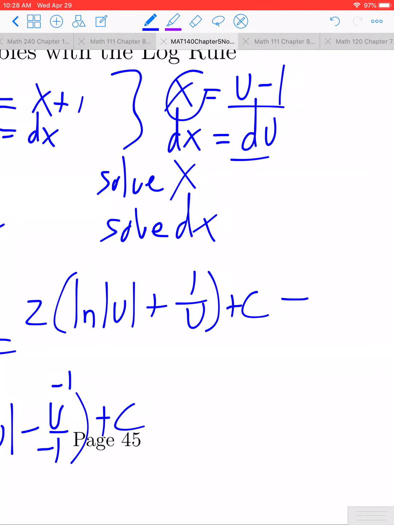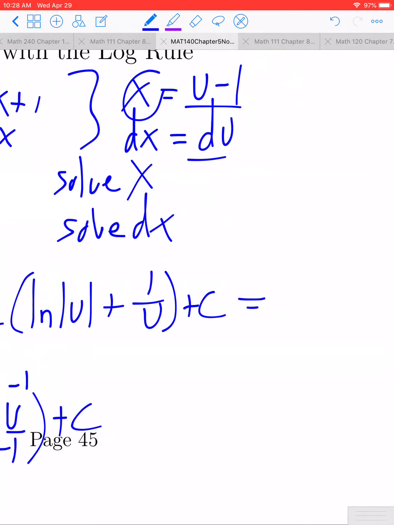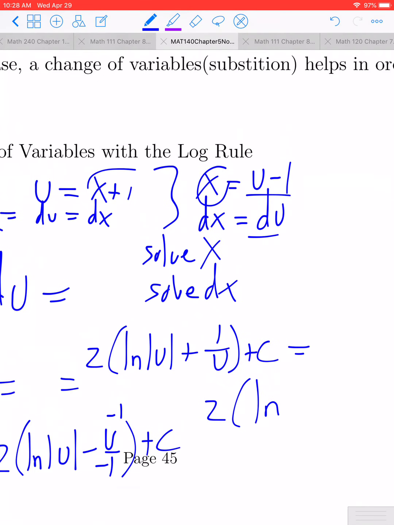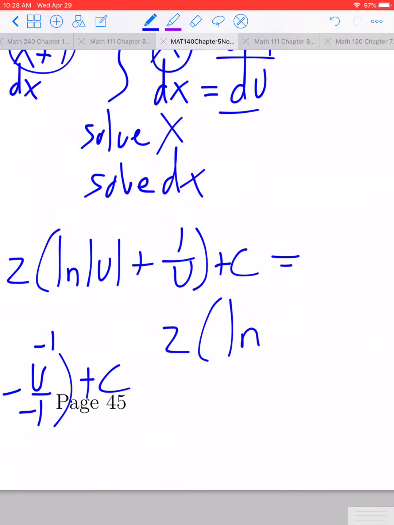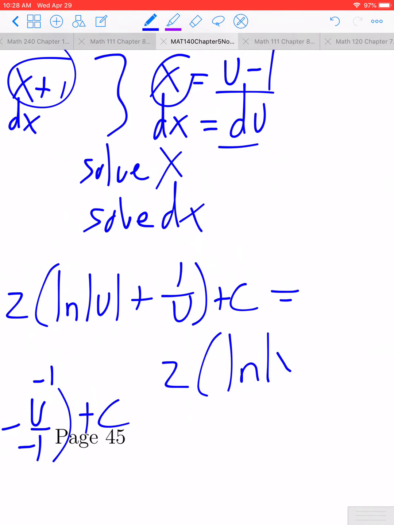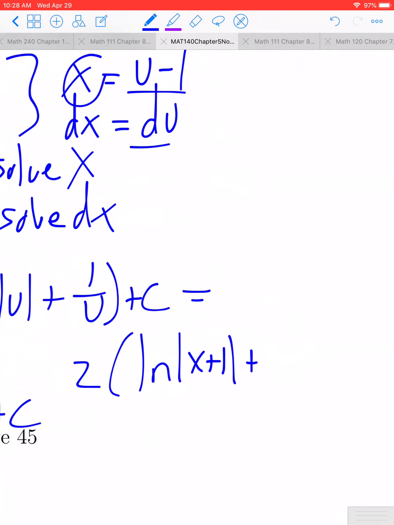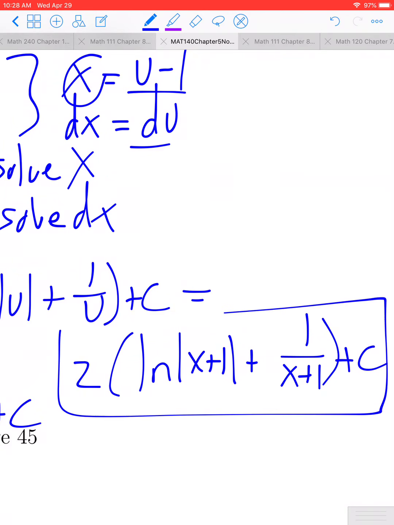And now we can simply go ahead and back substitute. Everywhere we see the expression for u, we know that u was x plus 1. So it's 2 times the natural log of the absolute value of x plus 1, plus 1 over x plus 1, plus c. And that would be our final antiderivative.